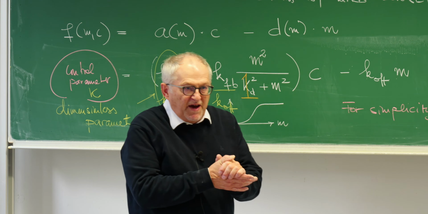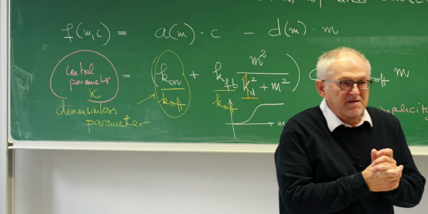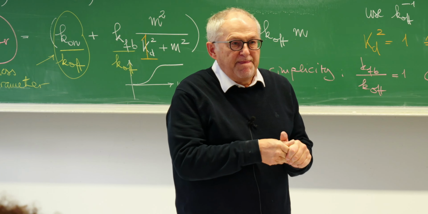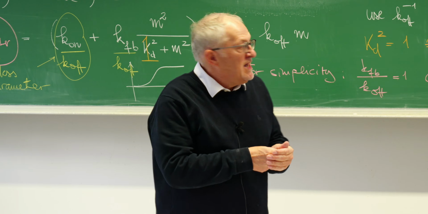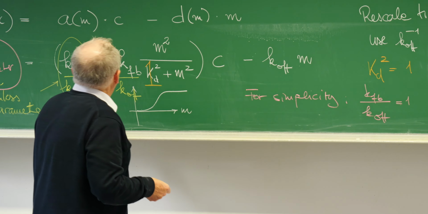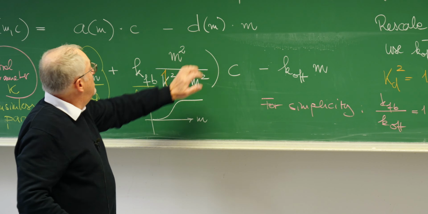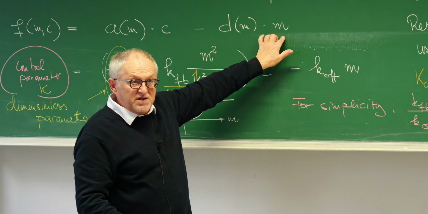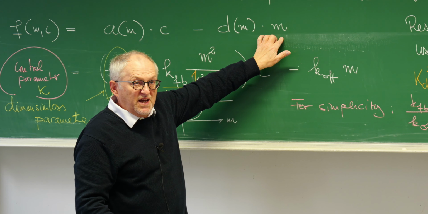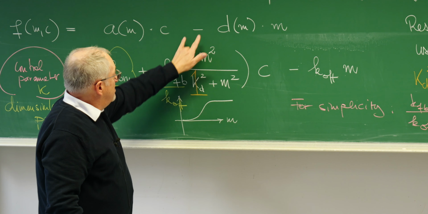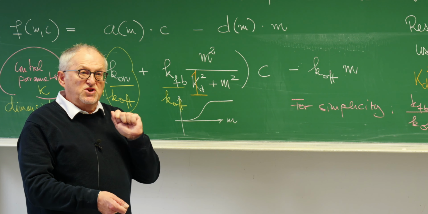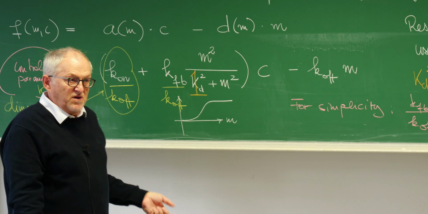But rates have to be positive because they're probabilities per unit time. So what has to be positive is the A. Did I write this? So A is positive and D is positive. And C and M are also positive because they're concentrations. They can't get negative. And the minus here says in which direction the process goes.